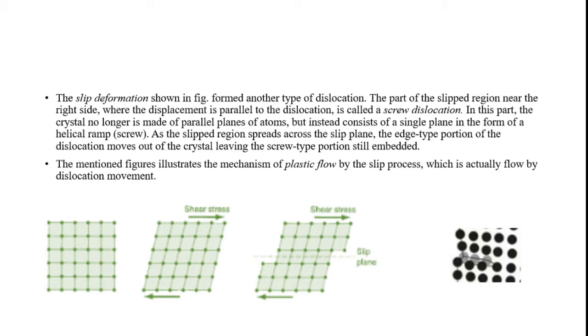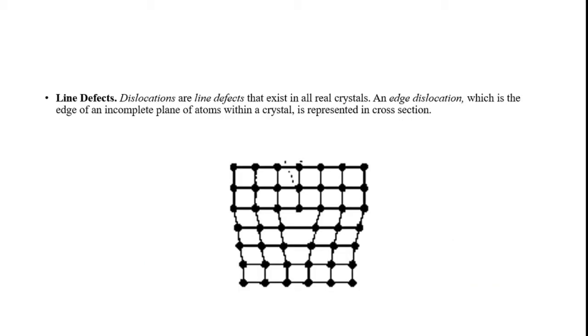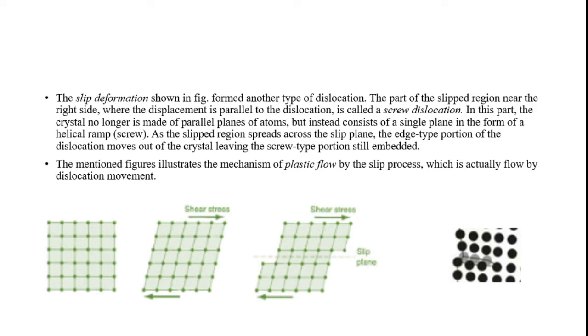In the previous slide, I showed you parallel planes of atoms entrapped in the real crystal structure. Here, instead, it consists of a single plane in the form of a helical ramp. Here you see the fourth diagram, where a helical ramp lattice is available. As the slipped region spreads across the slip plane, the edge type portion of the dislocation moves out of the crystal, leaving the screw type portion still embedded.